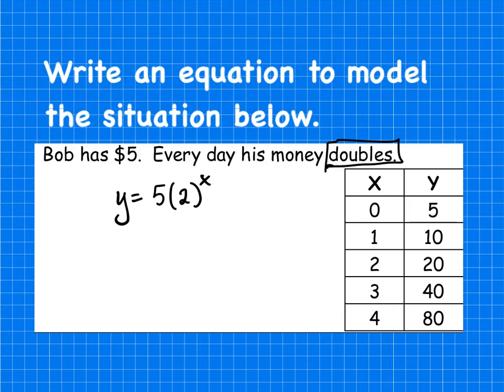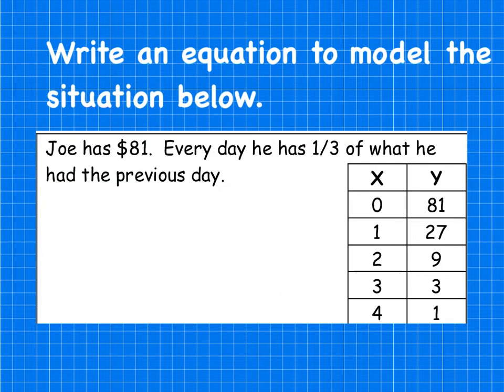Okay, so the first one, the money was doubling. We were looking at a multiplier that was a whole number. It doesn't have to be a whole number, but it does have to be greater than 1. We also have situations where the values are decreasing, which is called exponential decay. So 81 is reducing to 27, reducing to 9, to 3, to 1.